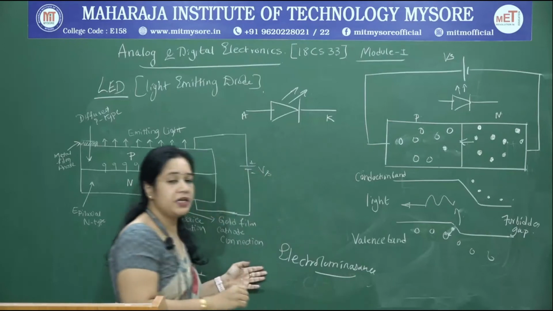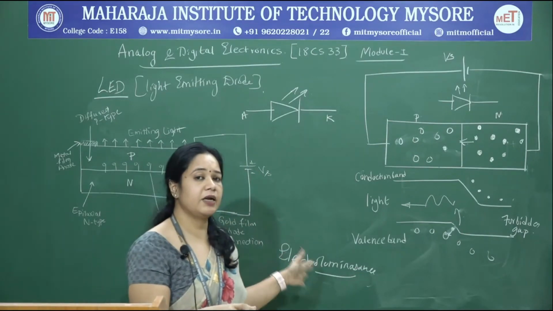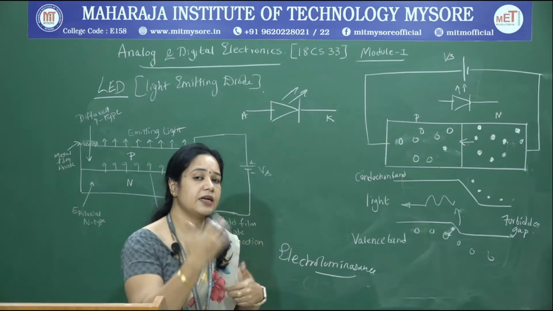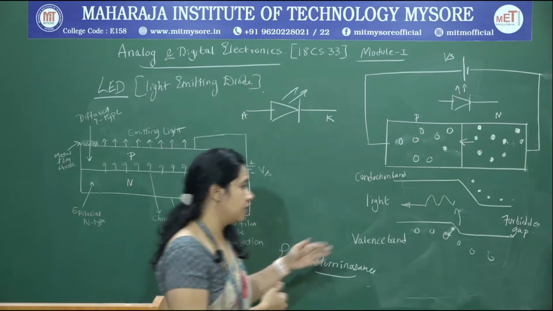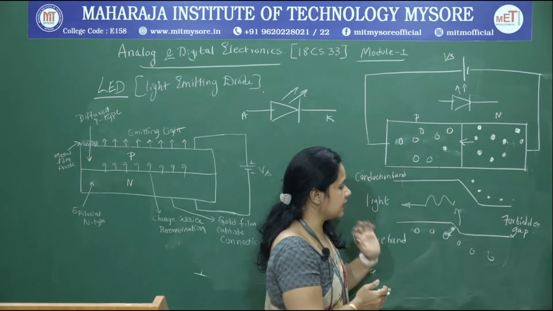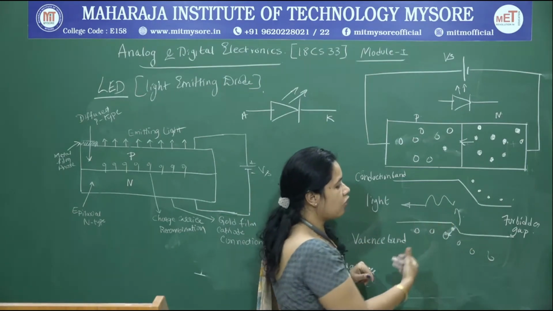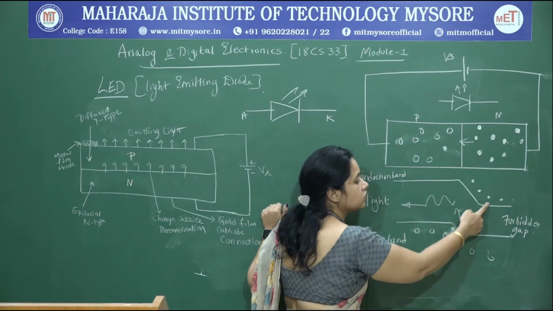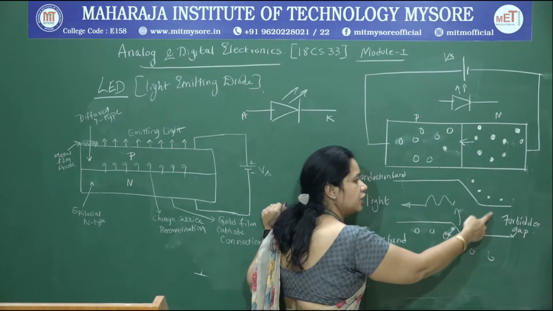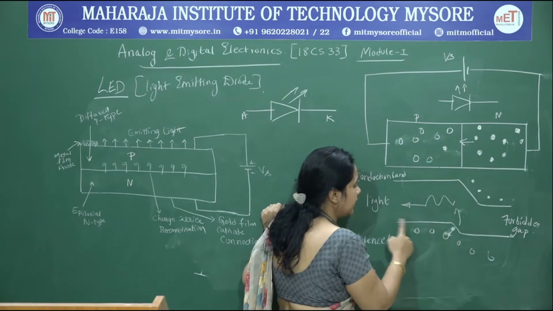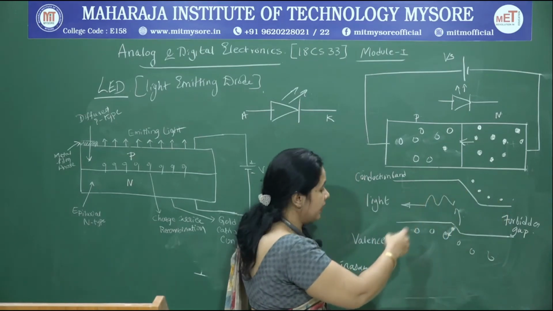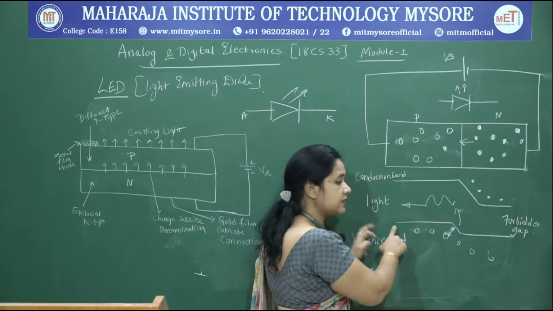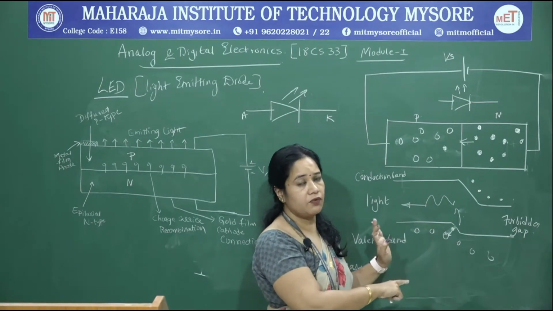So it is a property of semiconductor material wherein it starts emitting light whenever it is forward biased, due to the electron hole recombination. And if you look at this energy band diagram, when I forward bias, electrons move from the lower energy level to the upper energy level, that is, they move from the valence band to the conduction band, and holes tend to stay in the valence band.